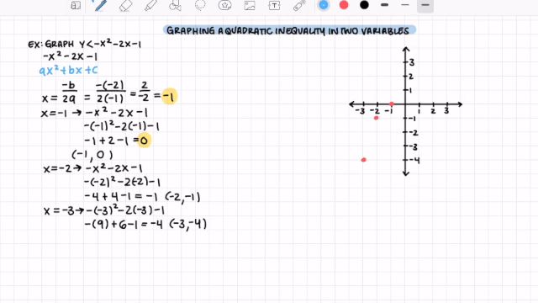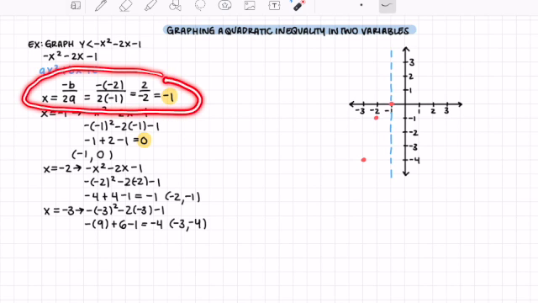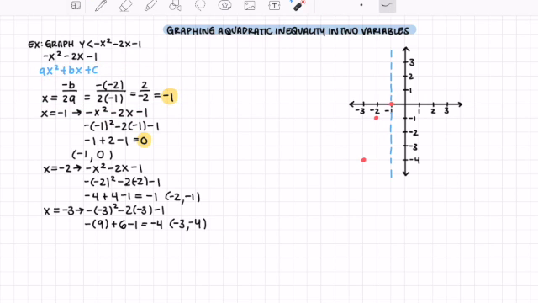Once I have those points, just a reminder, whenever we know what our axis of symmetry is, which we know is at x equaling negative 1, based off of the axis of symmetry that was found over here, we also know that this side is a mirror image of the side on the right too. So if the point that is to the left of the vertex goes all the way down to negative 1, that means that the point to the right of the vertex has to also go down to negative 1 as well.